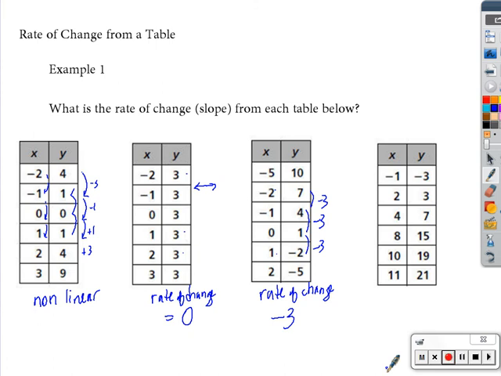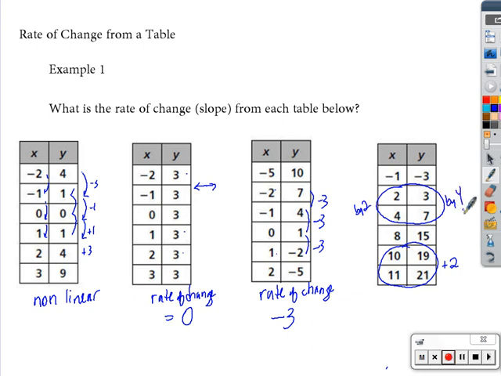And finally, I have a table here in which none of my x values are counting by 1s. So it's a little bit more challenging. Oh, there, I did find one. 10 to 11 goes up 2. But I need a way to verify that. So if I look at, let's say, 2 to 4, so x changes by 2, y changes by 4.